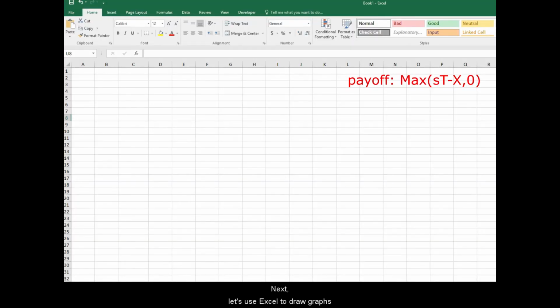Next, let's use Excel to draw the graph of the payoff function and profit loss function for the call option buyer. Let's assume exercise price is $40. The call premium actually is how much they pay to purchase one call option is $2.